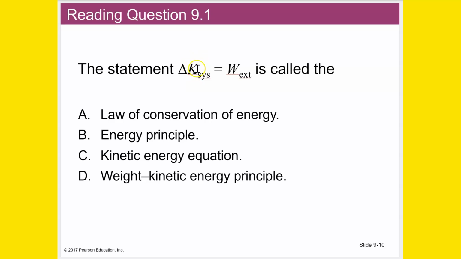So instead of just energy in general, this is just being more specific. The change in kinetic energy in the system equals the external work done on that system, and that's called the what? That is called the energy principle.